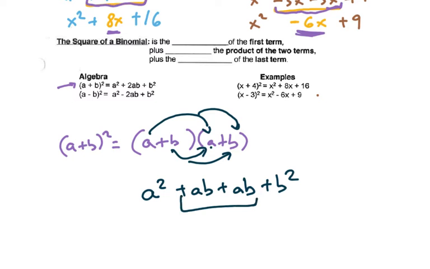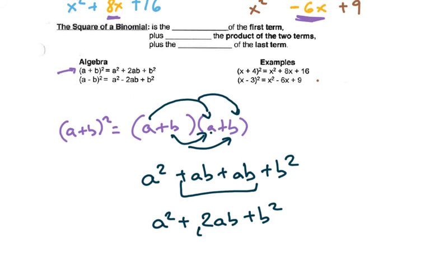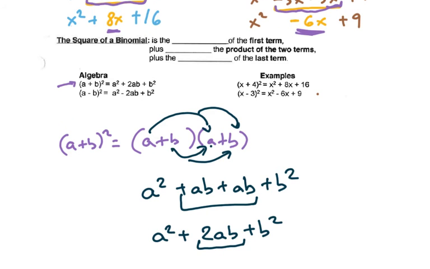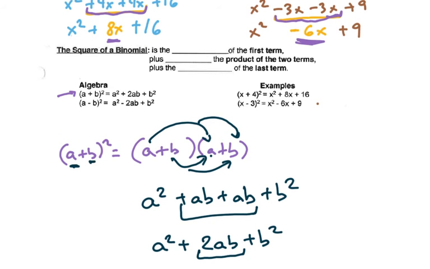Since the middles match up, it becomes 2ab, which is just a fancy way of saying it's twice the product of a and b.